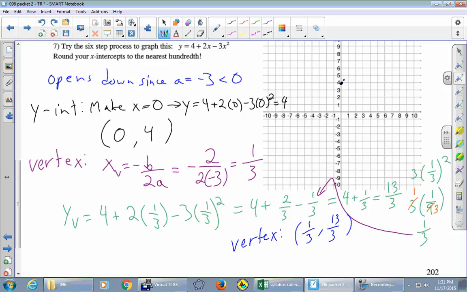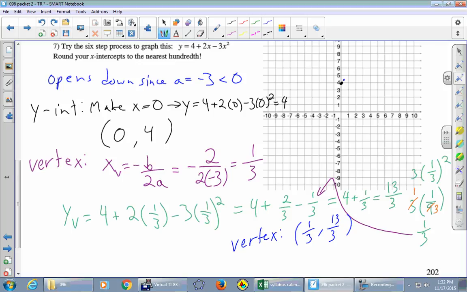They could be irrational numbers, decimals that go forever without repeating. But the good news is some of our parabolas today aren't going to have any X-intercepts. And if we figure out that a parabola has no X-intercepts, then we don't need to spend any time trying to find them. All right? Again, on day one of parabolas, I gave you only parabolas that had X-intercepts, but today they don't need to have them anymore, now that we have the vertex formula.